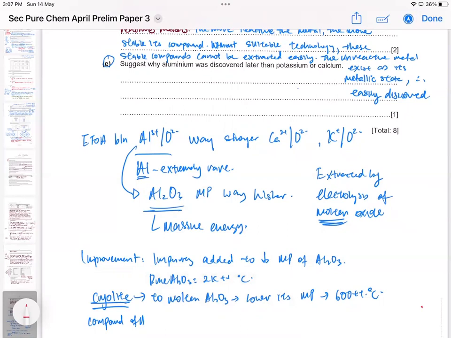That's why it was discovered later, because without the discovery of cryolite, it is not possible to melt aluminum oxide easily. Okay, so this is what I write. The name is called cryolite.